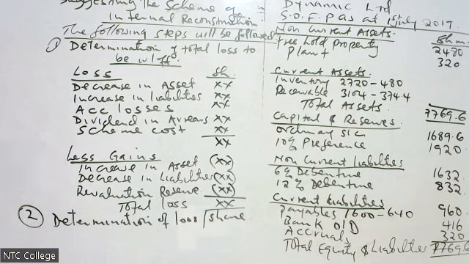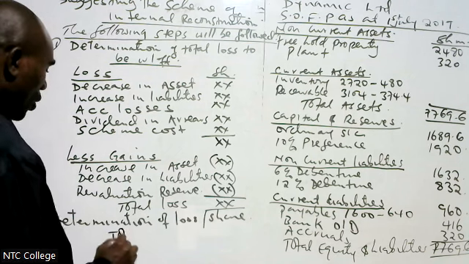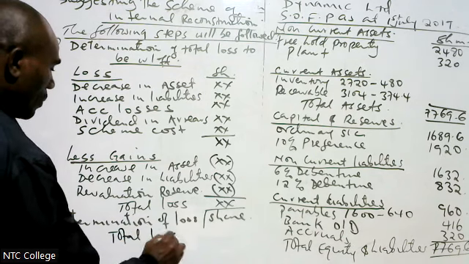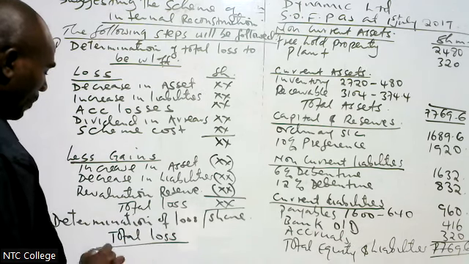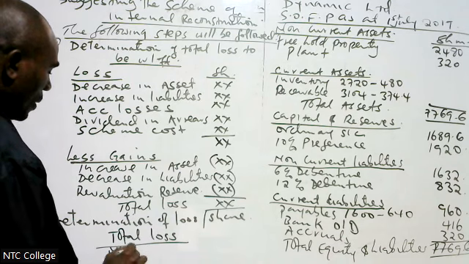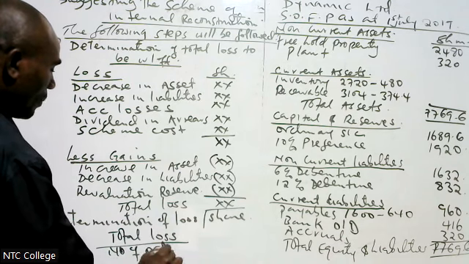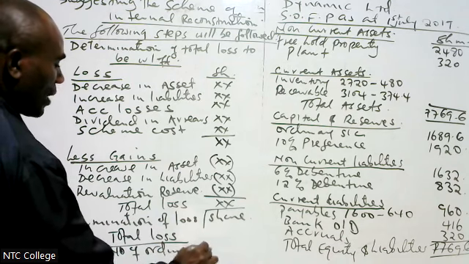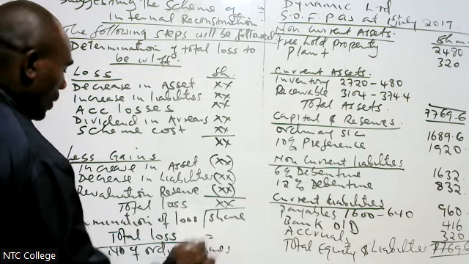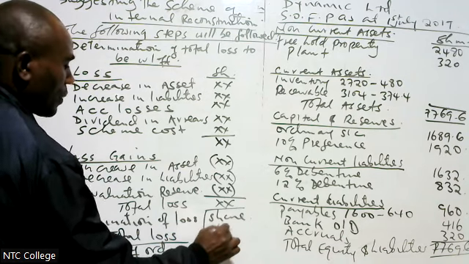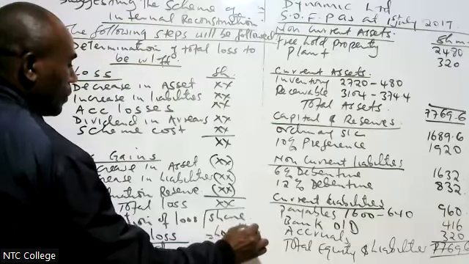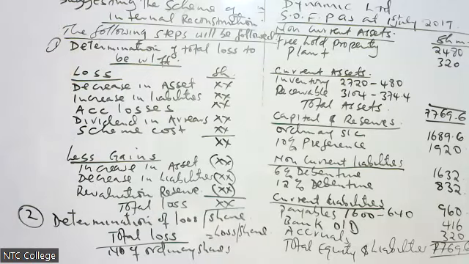How do you get loss per share? You take your total loss, you divide by number of ordinary shares. Then you get loss per share.